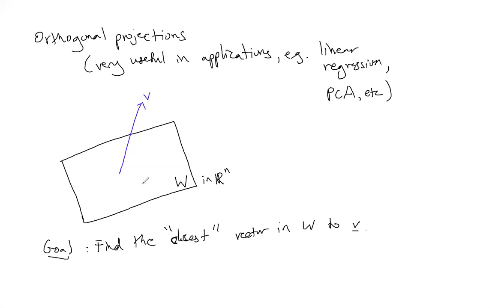So you want to pretend V was in W and see what its shadow would be in W. The way you do that is you imagine looking from above. You imagine there's a sun here, perpendicular to W. And the shadow it casts is going to be this vector.